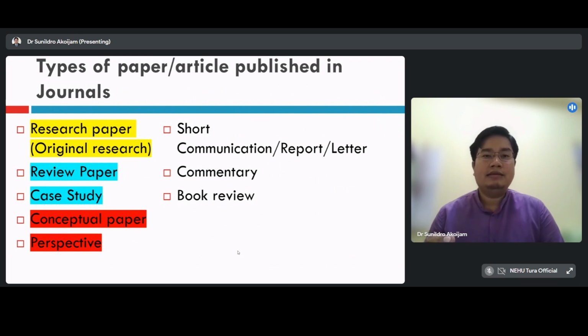Many young researchers presume that research paper means this original research paper. It is the easiest in terms of the challenges you may face in writing, and it is mostly written by young faculty and researchers in the early phase of paper writing.